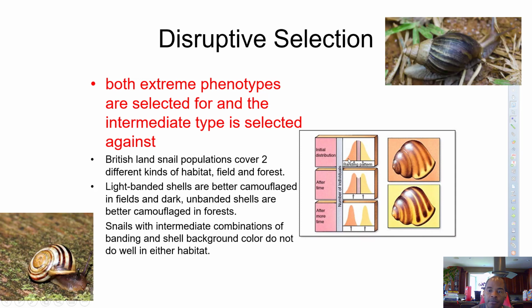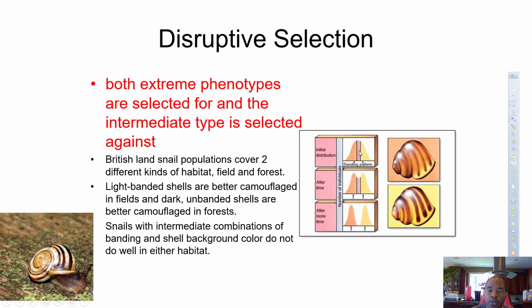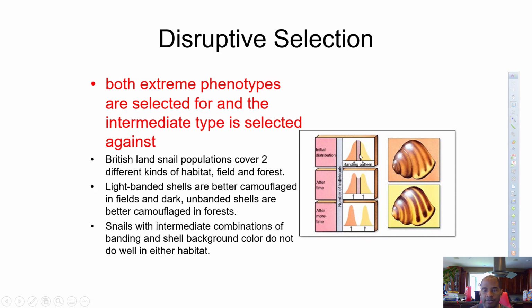Dark allows them to be in the forest floor and disappear. If you're both, you'll stick out in the grass and stick out in the forest. So a banded dark snail isn't really successful. So in disruptive selection, both extremes are selected for, and eventually that might lead to two brand new populations.